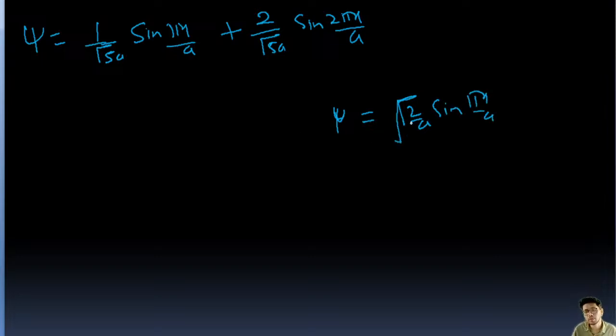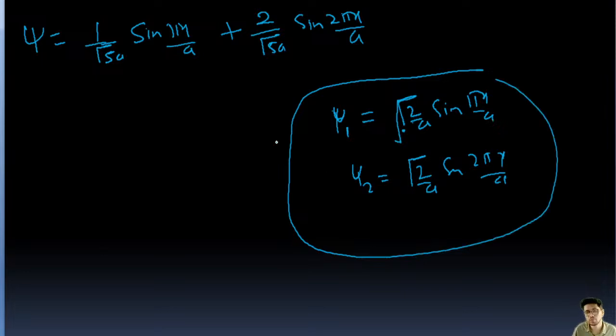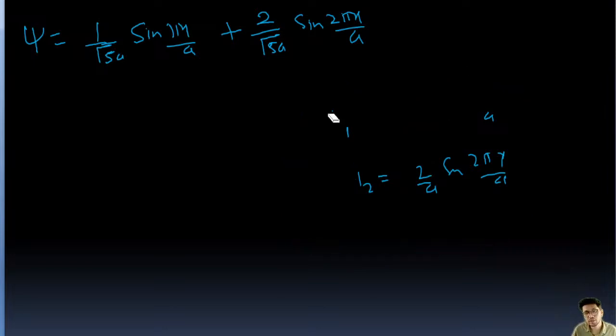So we have to convert this into this form so that we can easily identify this as psi 1, and psi 2 is going to be root 2 upon a sine(2 pi x upon a). For the 1D potential box, we know the wave functions psi 1 and psi 2. I'm erasing it, but you know it. So we will convert this into this form so that we can write psi 1 and psi 2.